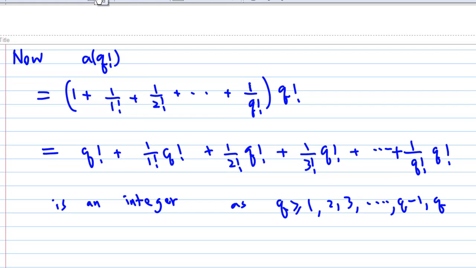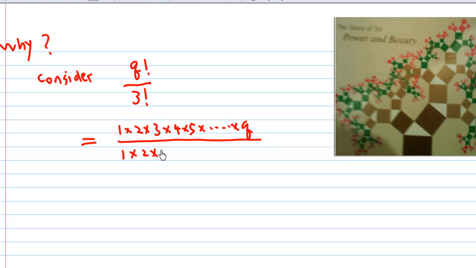Let's look at one of the terms. Examine this term, and you'll find that q factorial over 3 factorial is an integer because q is a number more than 3. q factorial is 1 times 2 times 3 times 4 times 5 all the way to q, and 3 factorial is 1 times 2 times 3.